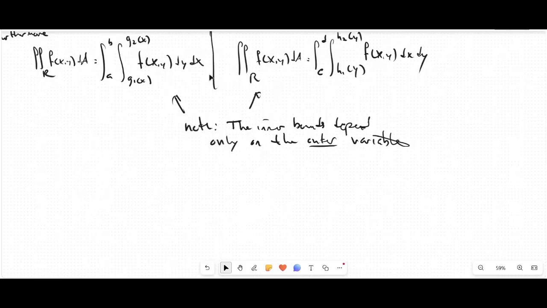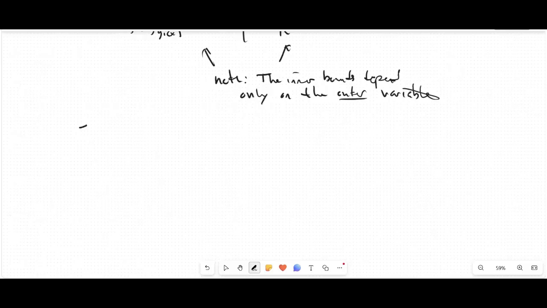If the outer variable is x, dx, the inner bounds can depend on x. If the outer variable is y, the inner bounds can depend on y. No other dependencies are okay. You can't have extra y's in here or extra x's in here. Okay, let's just immediately try to get some examples out because this is a lot of abstraction.